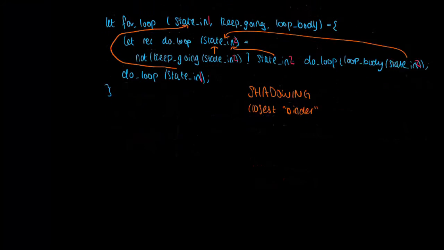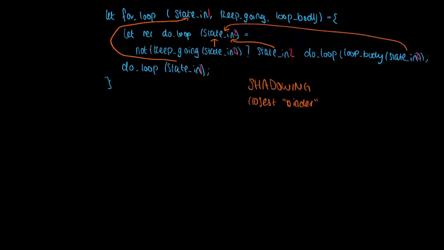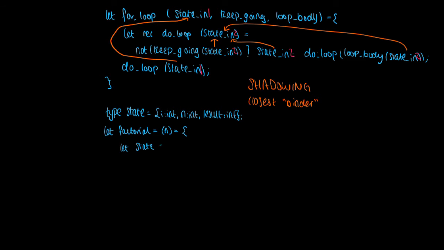With all of this said and done, we can write our factorial function as follows. First, we declare a type state with i of type int, n of type int, and result of type int. Then we declare the factorial function as an initial state with i equals 2, n, and result equals 1. A keep going function which checks that state.i is less than state.n.